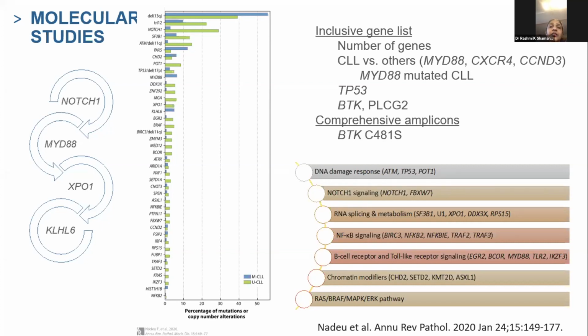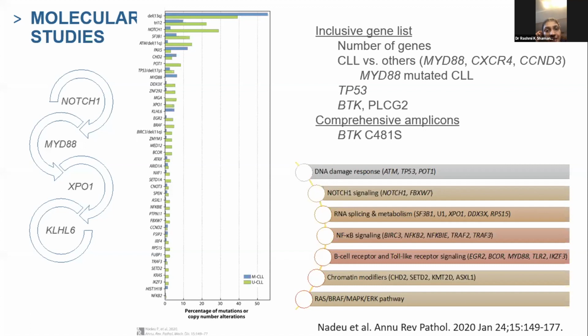So what are the things to keep in mind when designing a panel or when you're selecting a lab to send the panel to? The panel should be inclusive. It should incorporate all of the genes that are involved in CLL biology. And in addition, it should incorporate genes that are close differentials to CLL.